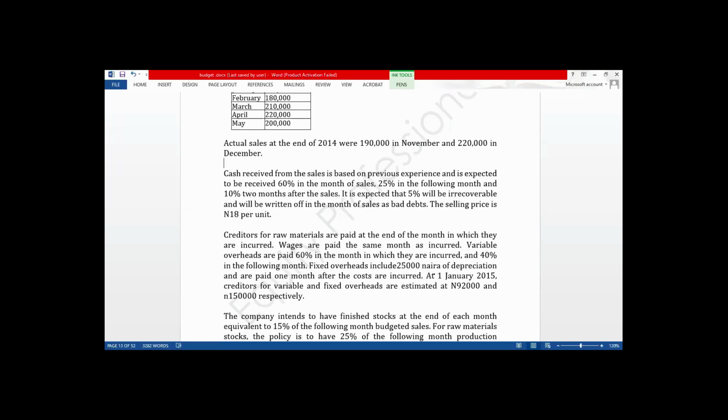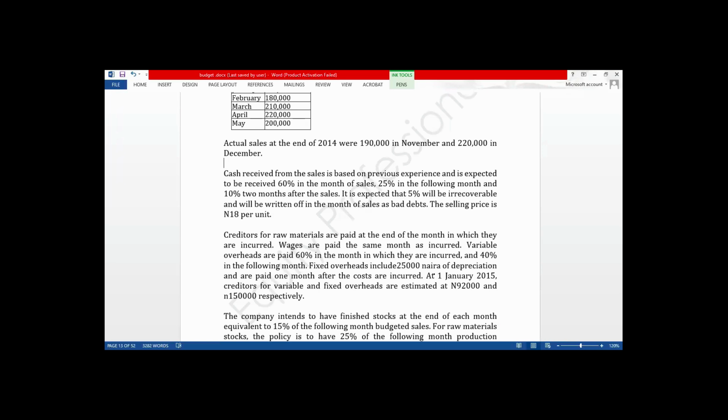Depreciation does not enter cash. That means we have to exclude depreciation. Next, paid 1 month after incurred.